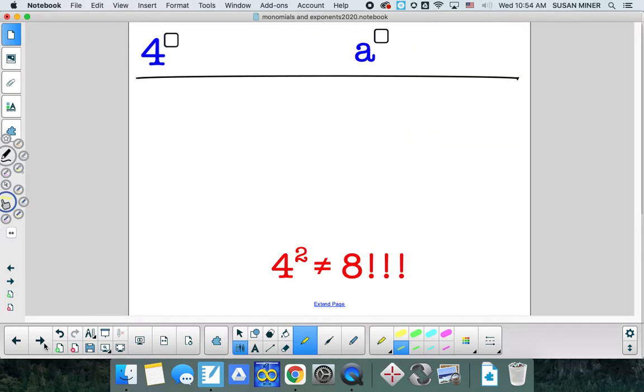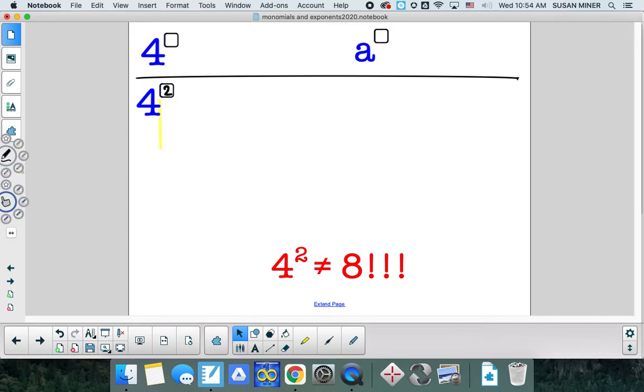Okay, so let's just review really quickly what an exponent is and what it does. Anytime I have an exponent on a number, let's make this be 4 to the second power, or sometimes we refer to that as 4 squared.